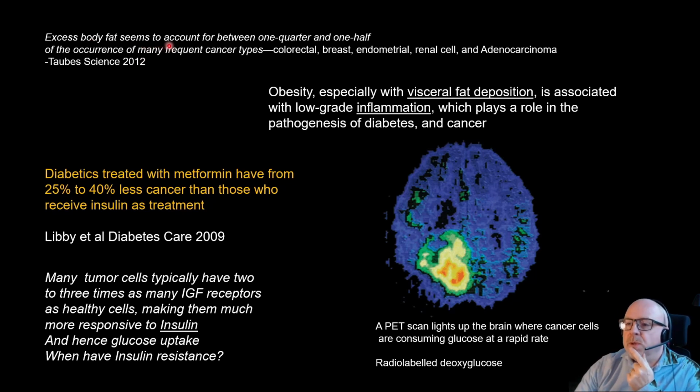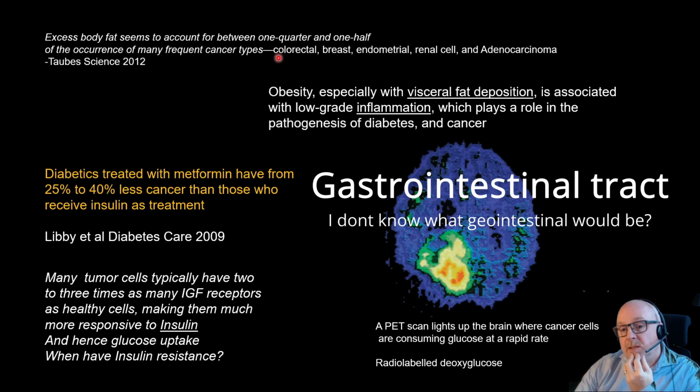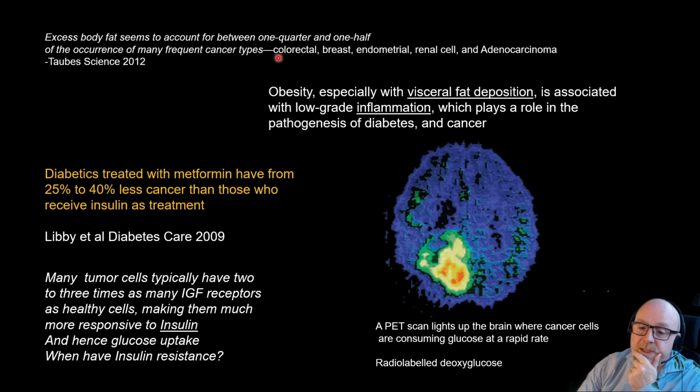This is just to try to summarize years and years of research into one slide. Excess body fat seems to account for between 1/4 and 1/2 of the occurrence of many frequent cancer types, including colorectal, breast, endometrial, renal cell, and adenocarcinoma. If you look for enrichment of cancer types, it's mostly gastrointestinal tract cancers, from the esophagus down to the intestines, but it does affect other tissues as well.